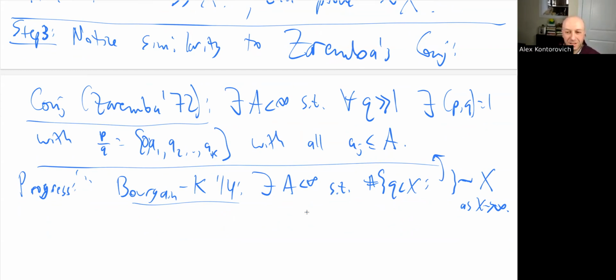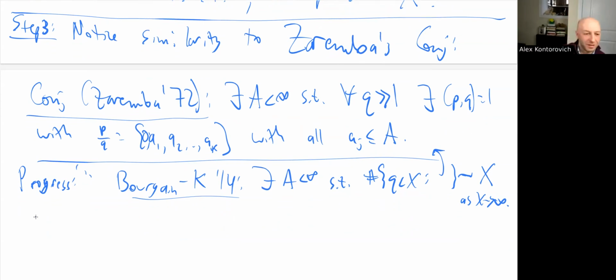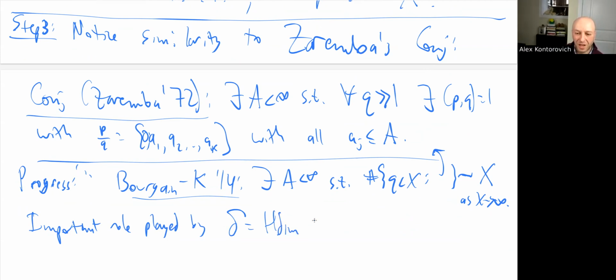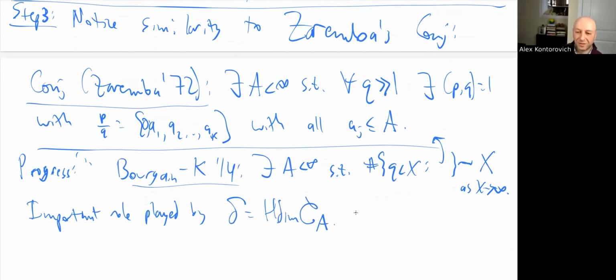An important role is played here by delta, which is the Hausdorff dimension of the Cantor set, C_A, where C_A is the Cantor-like set, so it's maybe easier to write it.